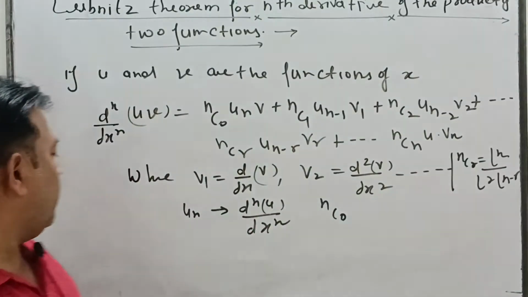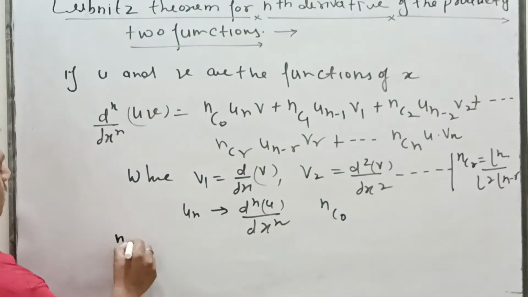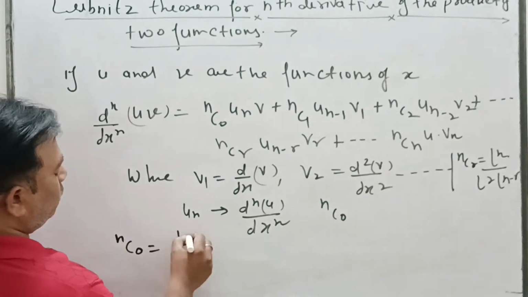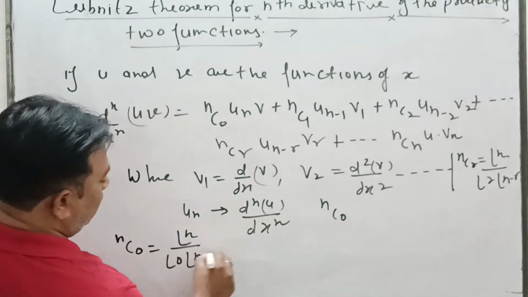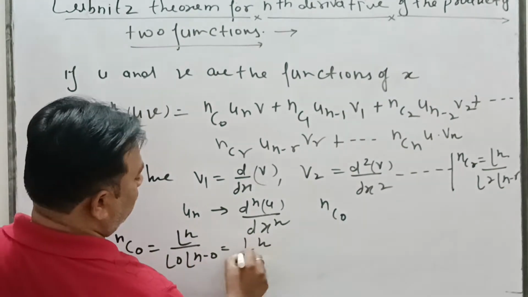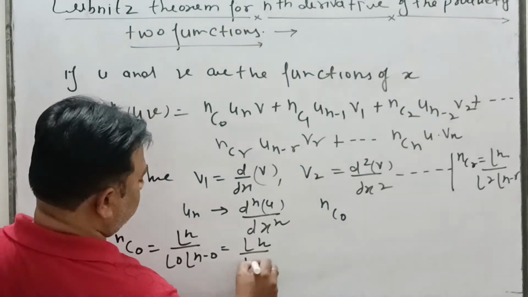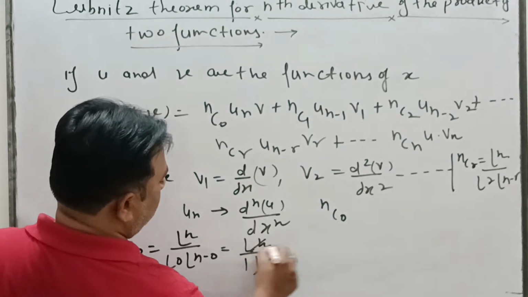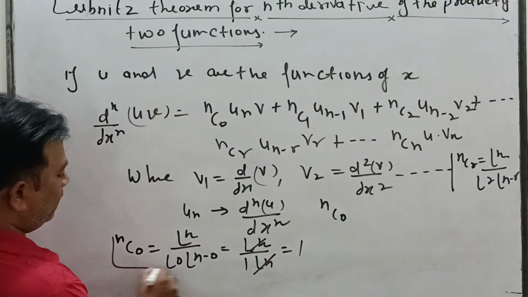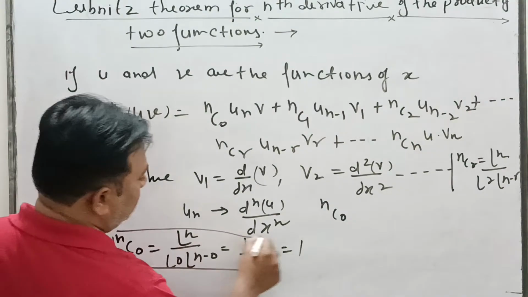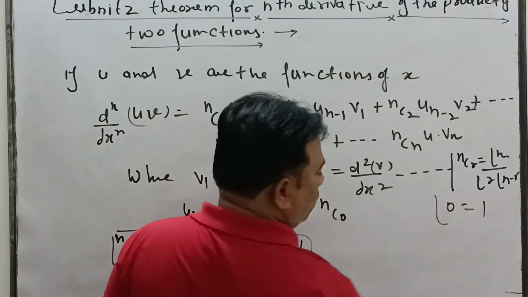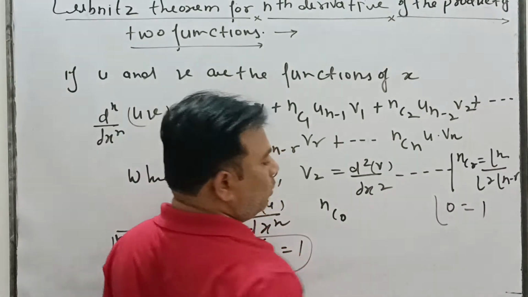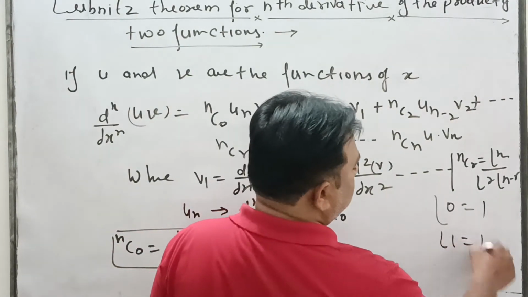Now we discuss the value of nC0, which is factorial n over factorial 0 times factorial n minus 0. Factorial 0 is 1, and factorial n cancels out, so nC0 is 1. Factorial 0 is also 1, and factorial 1 is also 1.